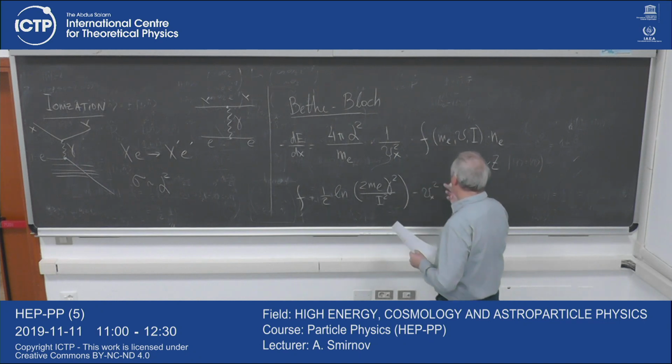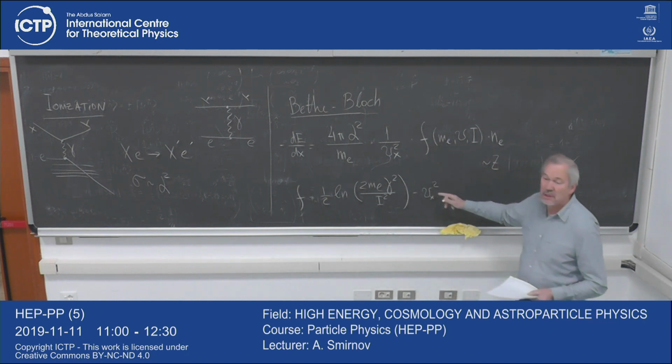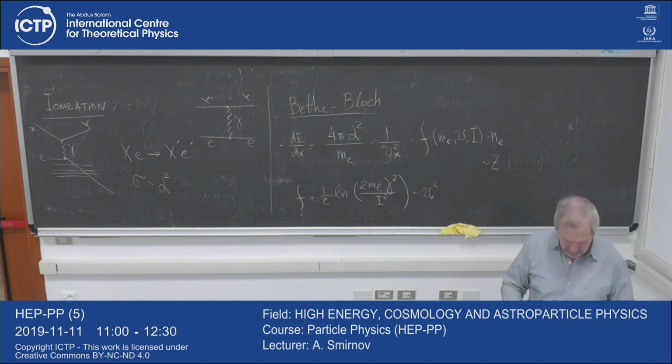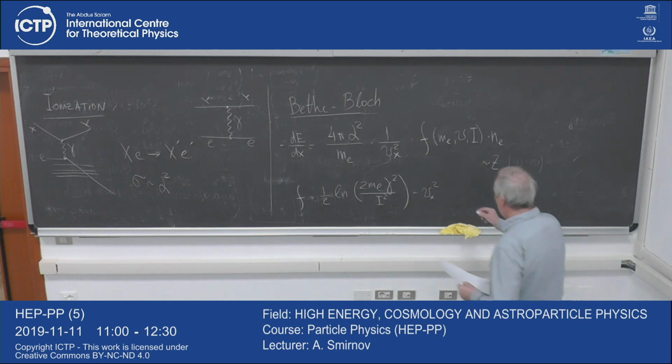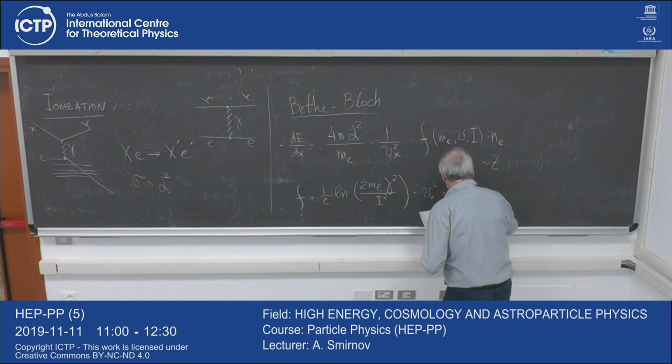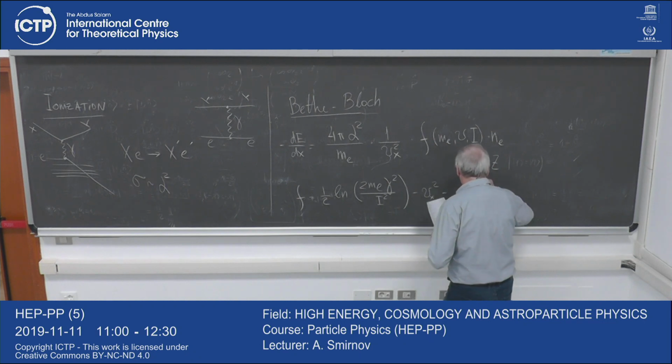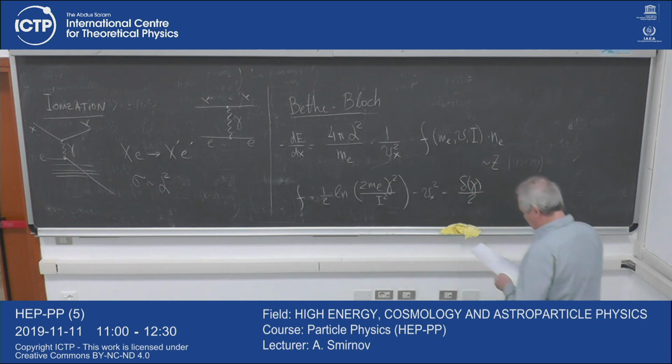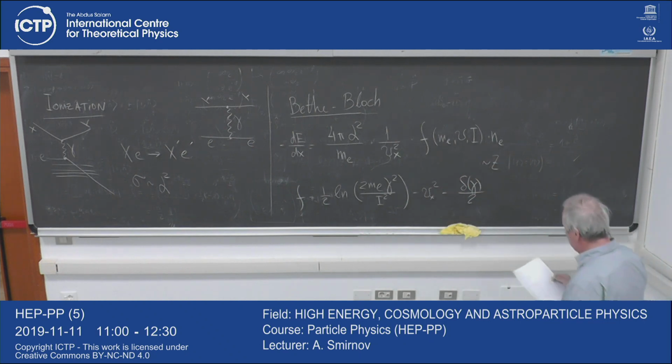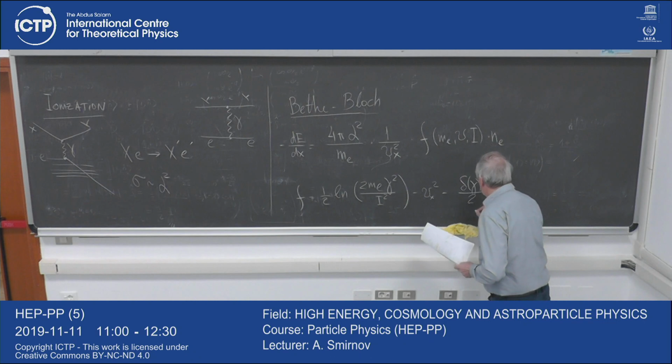When the particle becomes relativistic, the velocity is essentially the velocity of light, which is 1 in our units. And minus delta gamma over 2. This is the electric screening, what is called the electric screening.